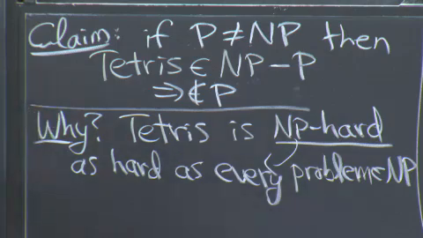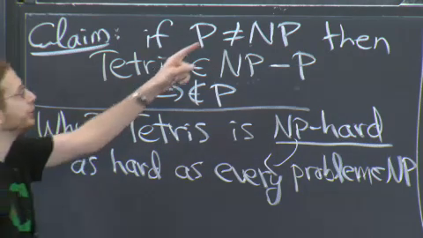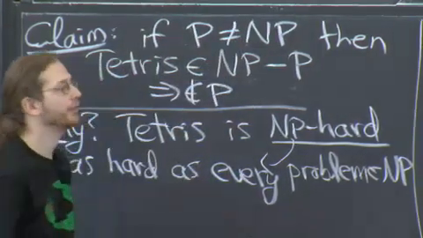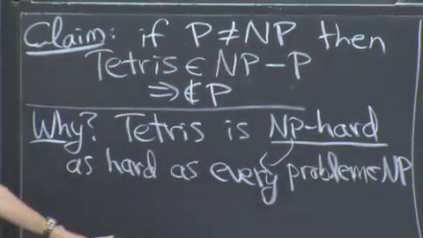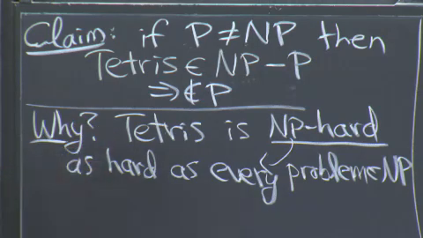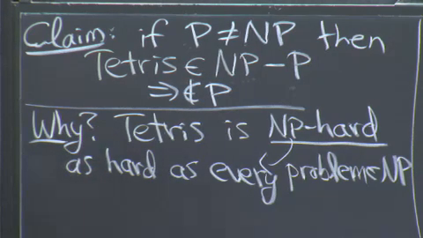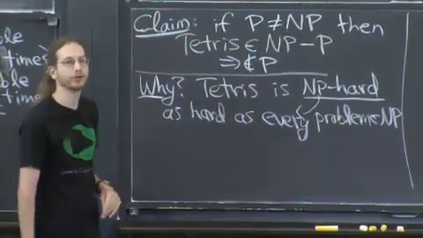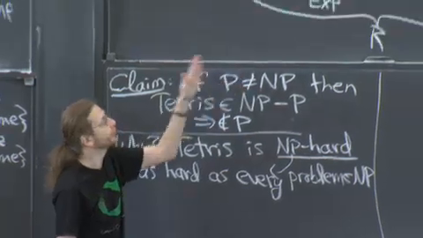So it's at least as hard as every problem in NP. And that's why I drew it at the far right. It's sort of the hardest extreme of NP. Among everything in NP you can possibly imagine, Tetris is as hard as all of them. And therefore, if there's anything that's harder than P, then Tetris is going to be harder than P because it's as far to the right as possible.